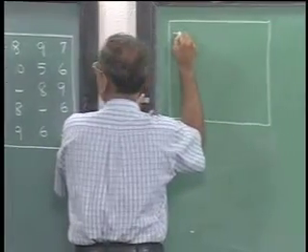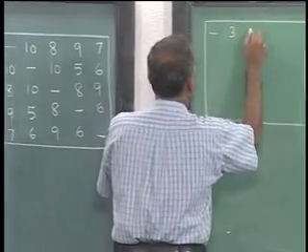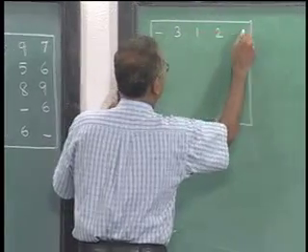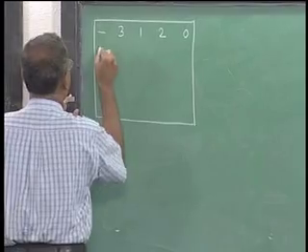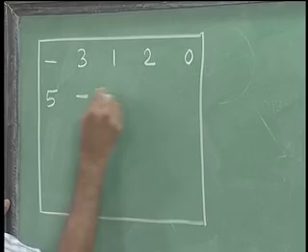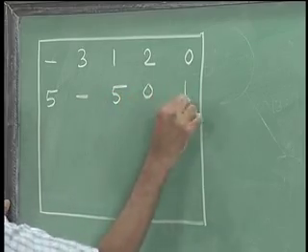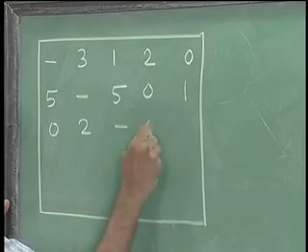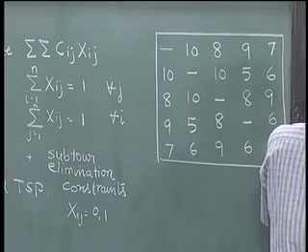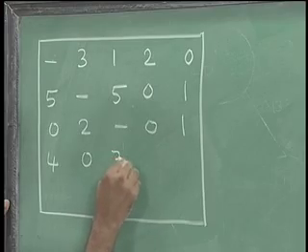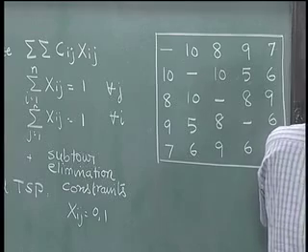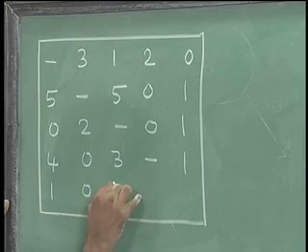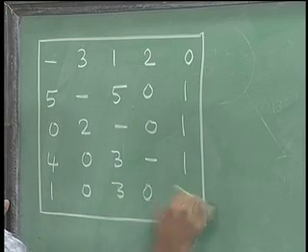So, we have dash 3 1 2 0, 5 dash 5 0 1, 0 dash 0 1 4, 0 3 dash 1, 1 0 3 0 dash.